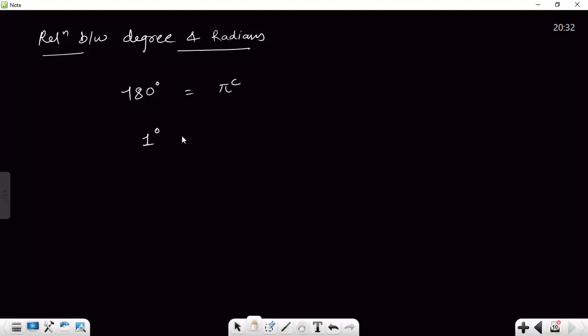So 1 degree is equal to pi by 180 radians. Nice. We have to convert x degrees. So let's multiply by x on both sides of the equation. So x degrees is equal to x into pi by 180, that becomes the radian. So let's take an example.